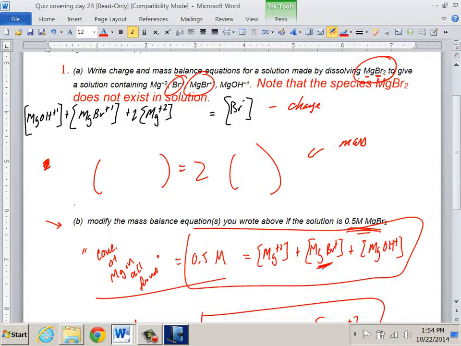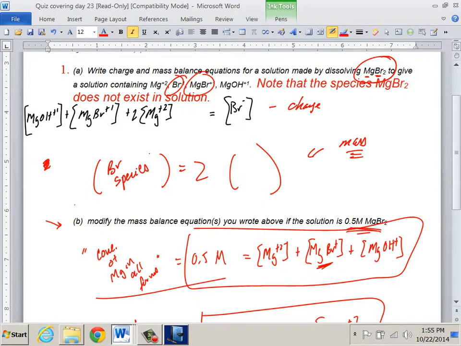There's no other way for me to do this but do the English. So wherever you say is, that's where you put the equal sign. So we said that bromine, so this must be the bromine, guys. Bromine is twice as concentrated as magnesium. So this would be all my bromine species, if we wanted to write this one. And you bet, some are going to be written in there twice.